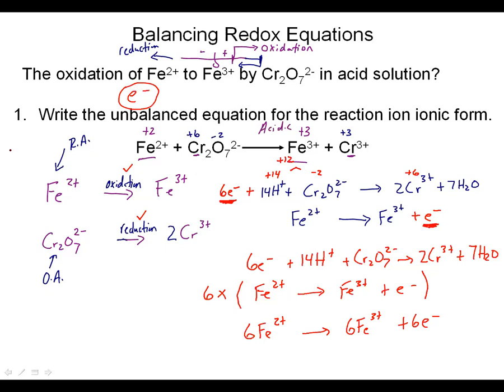So since I'm running out of room here, I'm just going to flip the page, and I'm just going to rewrite them on the next page. So what we got going on, again, was our top one, which we didn't multiply by anything, which was 6 electrons plus 14 H plus, and the dichromate, going to 2 Cr 3 plus and our 7 waters.